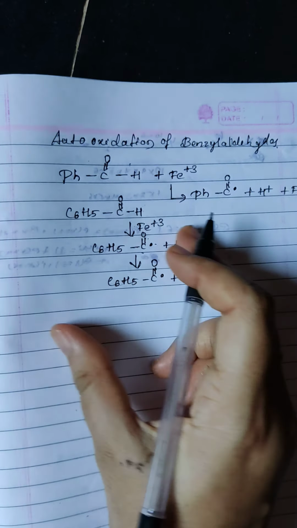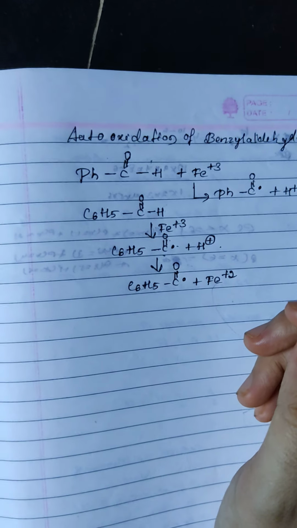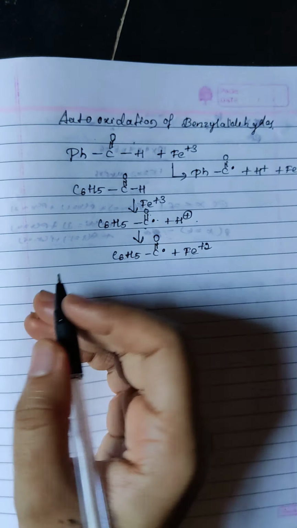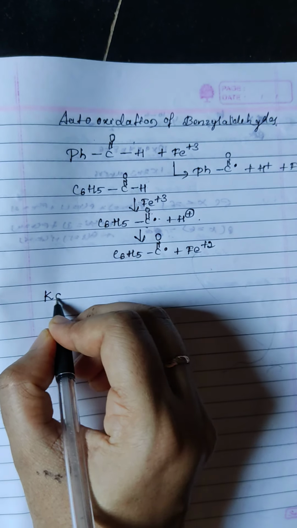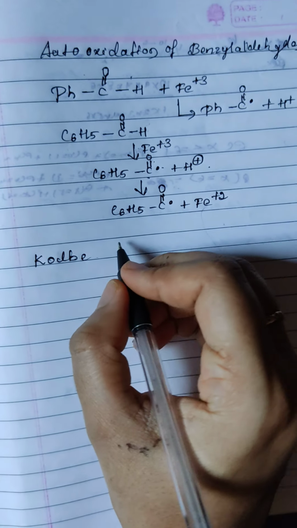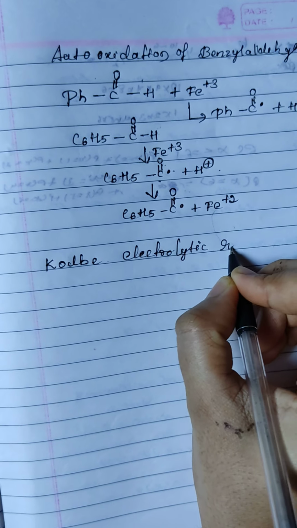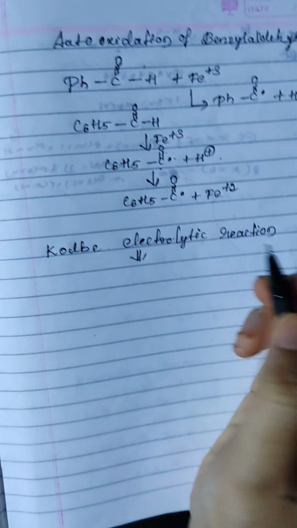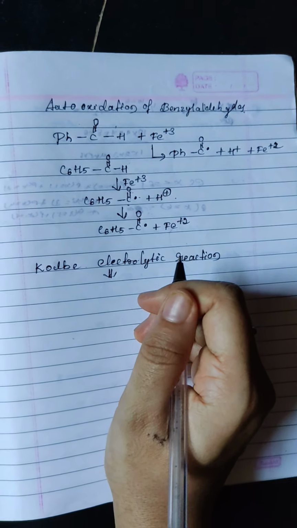Again simplify the equations, and that gives a 2+ charge and C6H5. Cleavage, rearrangement, Kolbe electrolytic reaction. In that reaction, the free radicals are formed as intermediates.